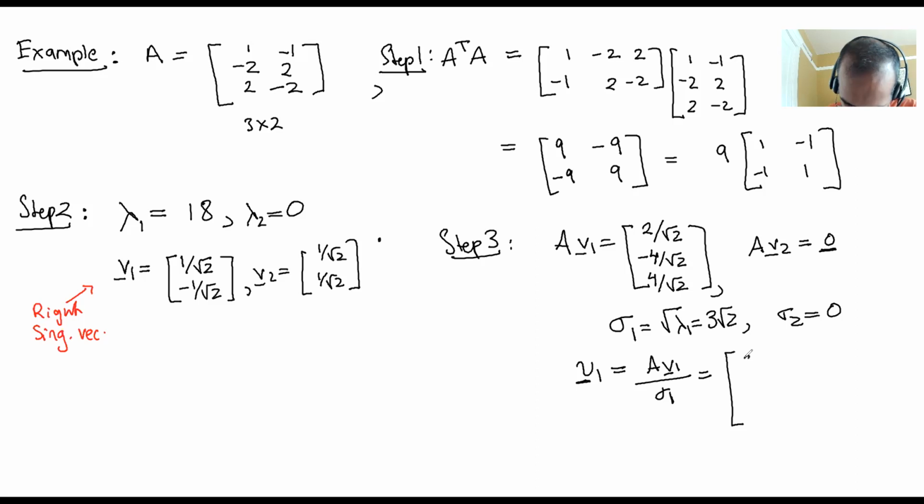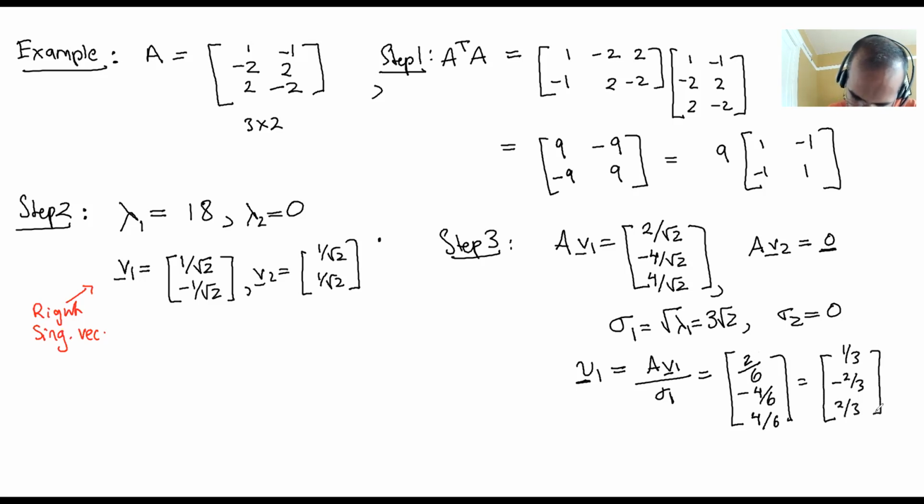So that's going to be 2 over 6, and then minus 4 over 6, and then 4 over 6, otherwise known as a third, minus 2/3 and 2/3. Okay, and then U2 is not defined, because you can't divide by 0.